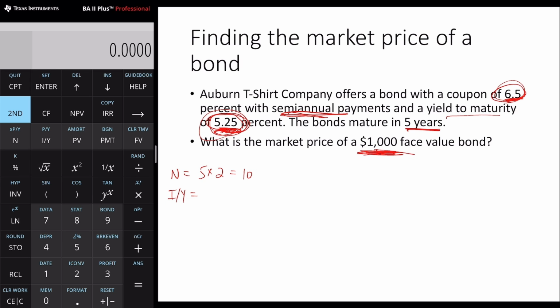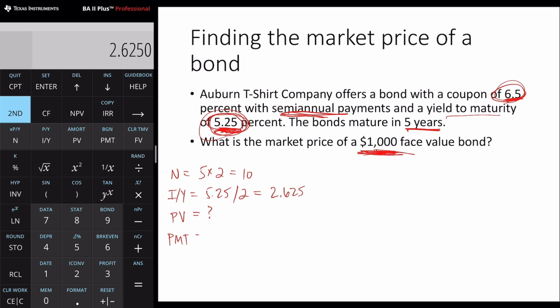My I over Y refers to my yield to maturity, which is 5.25%. But that's an annual number, so I need to divide by 2, and that's going to give me 2.625%. The present value refers to the price of the bond, which is what I'm solving for, so I'm going to leave that as the question mark.